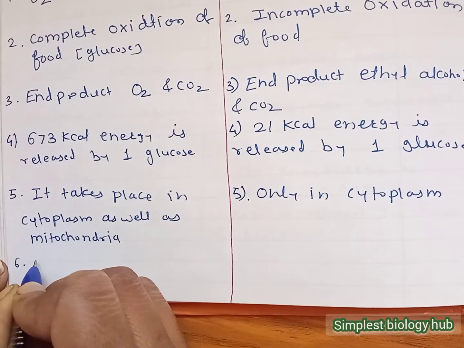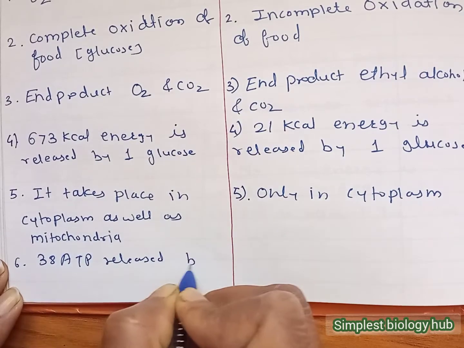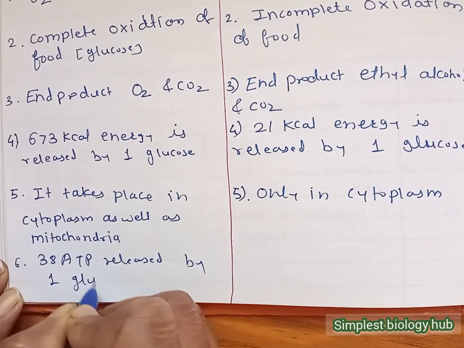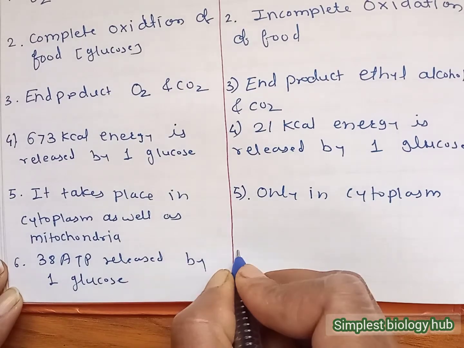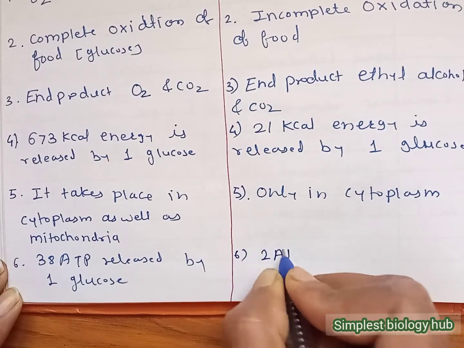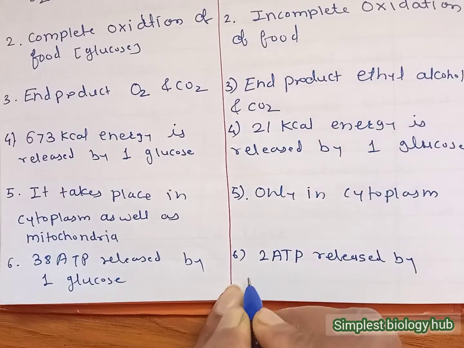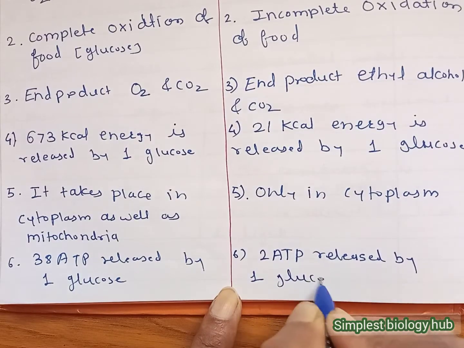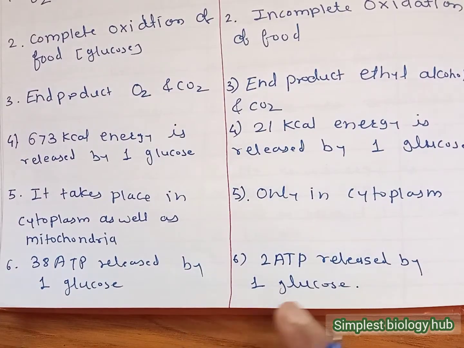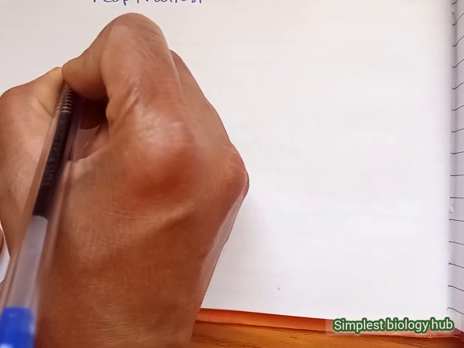In aerobic respiration, 38 ATP are released by oxidation of one glucose molecule, while in anaerobic respiration 2 ATP are released by one glucose molecule. It means the formation of energy is very little in anaerobic respiration, while it is more in aerobic respiration.